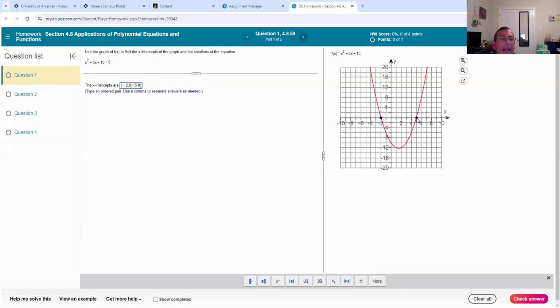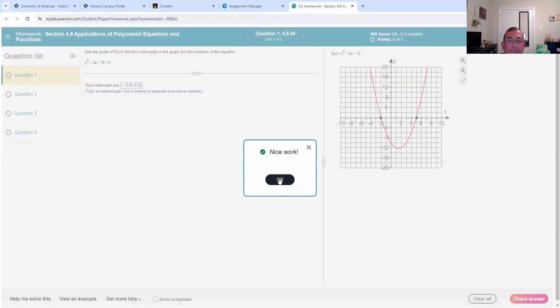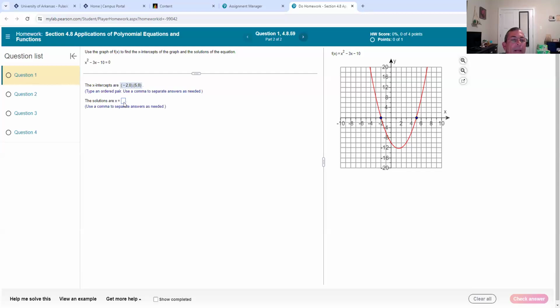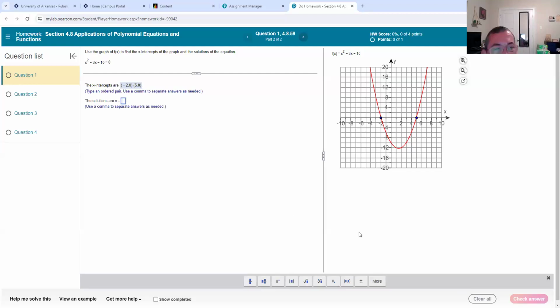So y'all remember, x-intercepts always have the x value first and then the y. So y'all, you're going to check those. And then it wants to know the solutions. Well, y'all, here's the thing about this. The solutions, if you're looking at a graph of a parabola, the solutions are the x values of the x-intercept.